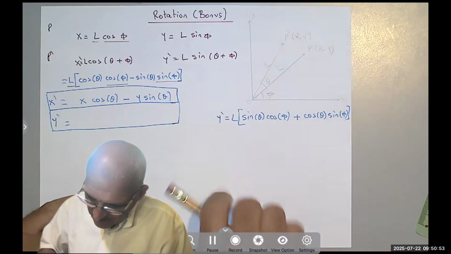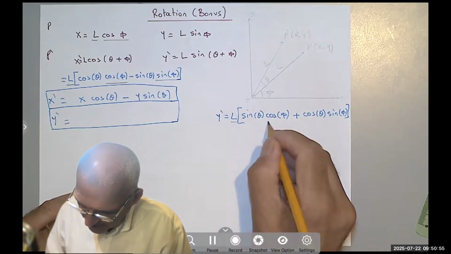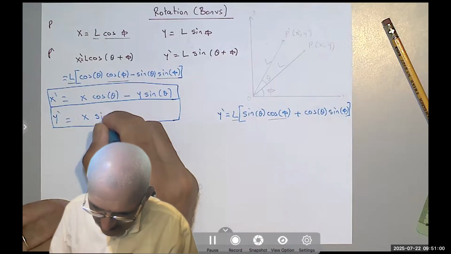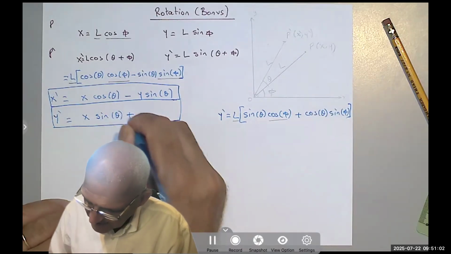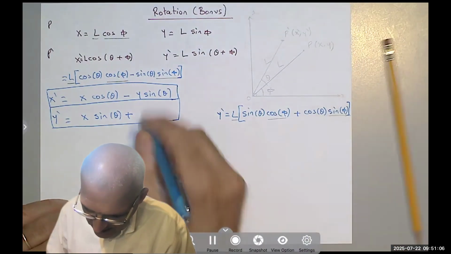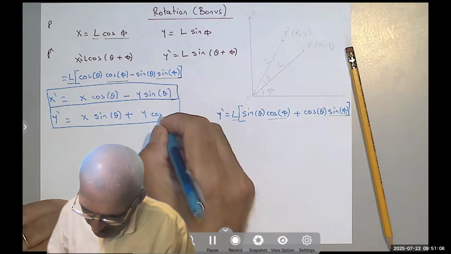Again, L cosine phi is x. So you get x sine theta plus, and L sine phi is y. So y cosine theta.